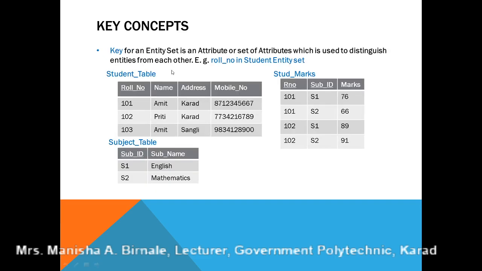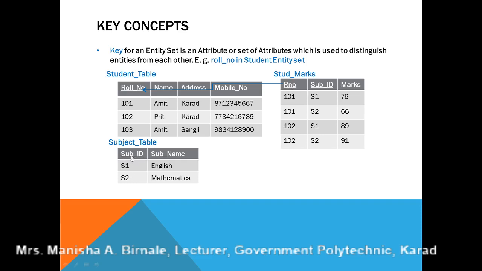For example, in this table, roll number is the primary key of the student table, and in the stud marks table, RNO and subject ID together form the primary key. But this RNO from stud marks is referring to roll number from the student table, which is the primary key of the student table. So RNO in the stud marks table is called a foreign key.